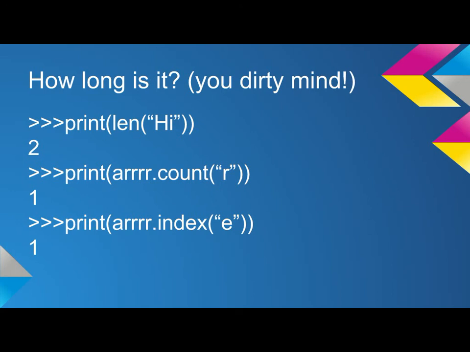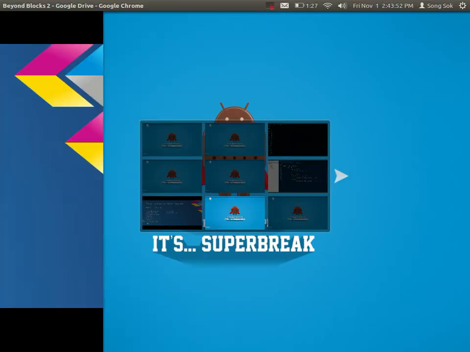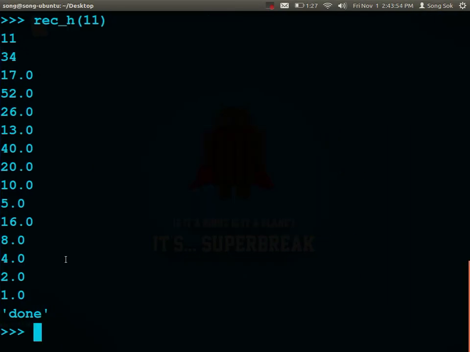If there are two L's like in hello, and you do the index, what does it show? Let's see what it does. Let's say we have the string hello world.